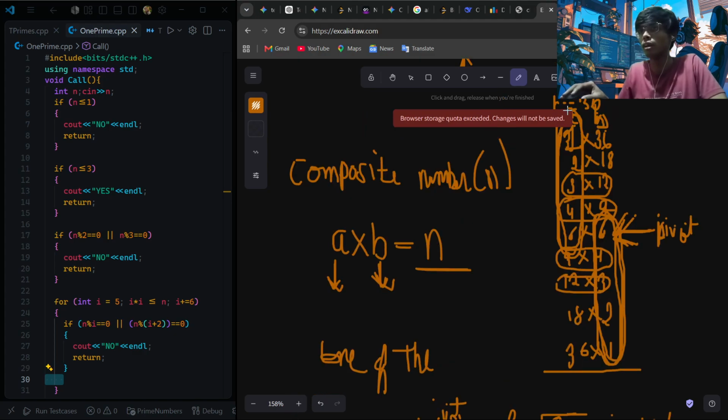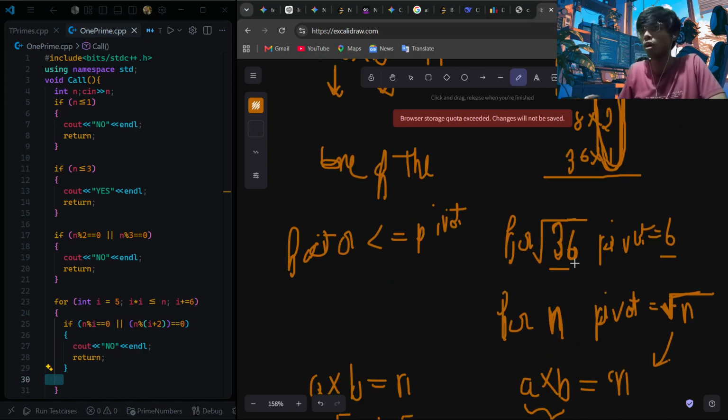So the values are repeating, and one of the divisors is always less than or equal to the pivot point. I think that is right. So for 36, the pivot point is 6.